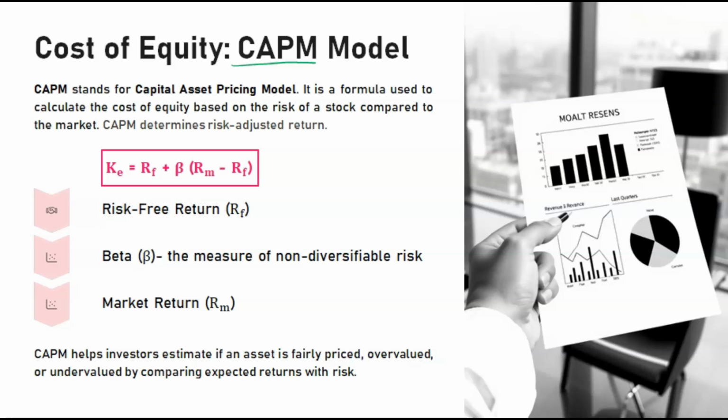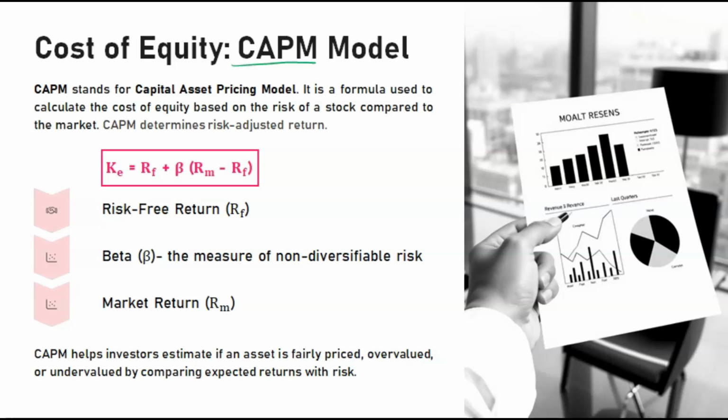This is a method to find the cost of equity, but it is based on the risk factor. The CAPM, capital asset pricing model, tells us whether an asset is properly priced or not, whether its price is fair or it is overvalued or undervalued. So it takes the risk into consideration, and on that basis it calculates the cost of equity.